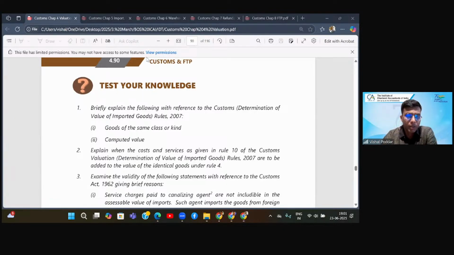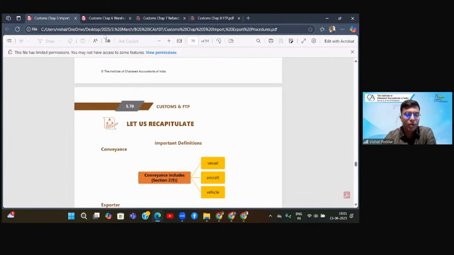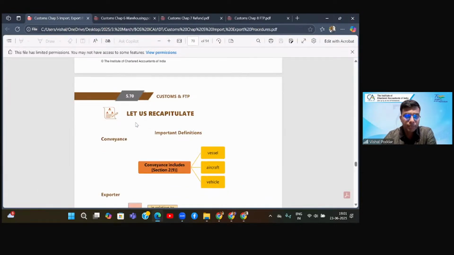No. So at the time of filing bill of entry, there is no payment, there is only assessment. Payment is when you are taking the goods out of the custom charge. That is when you have to first make the payment. So this problem which you are envisaging will not arise, I believe. Fine, beta? Is this clear?